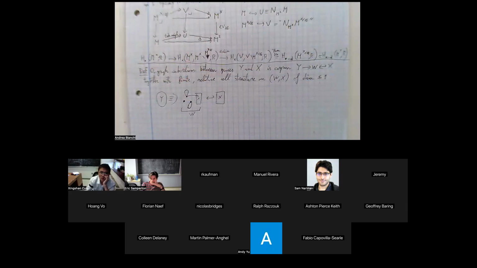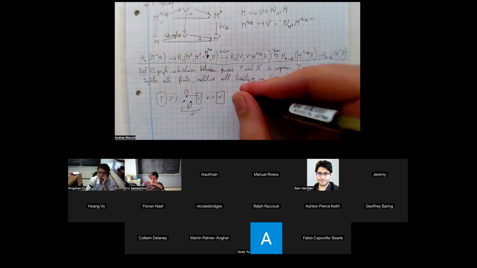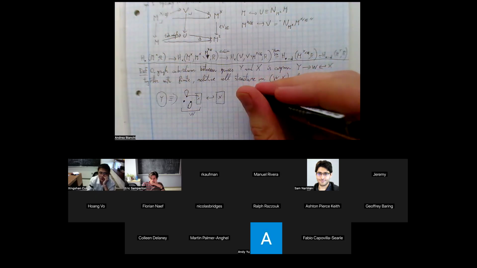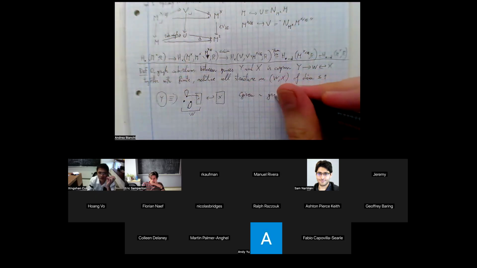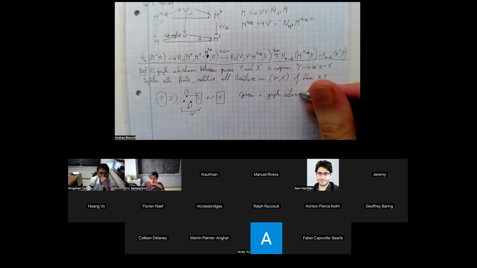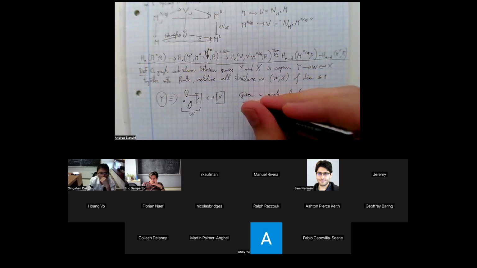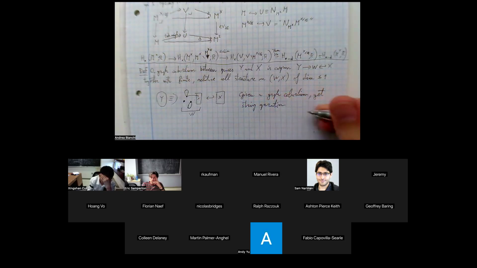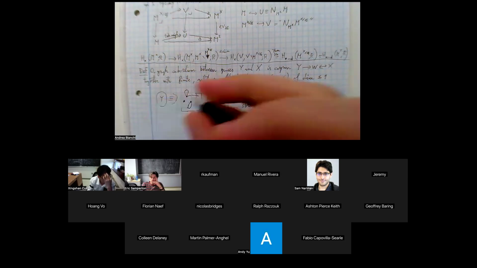And the observation is that given a graph cobordism, we get a string operation of the following form.